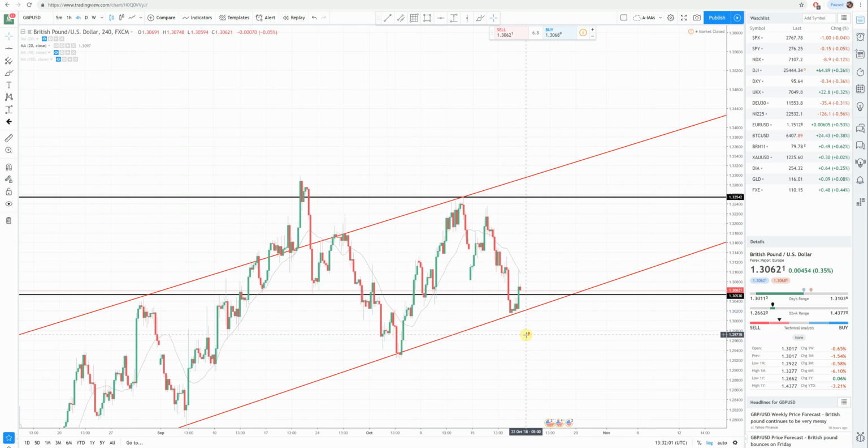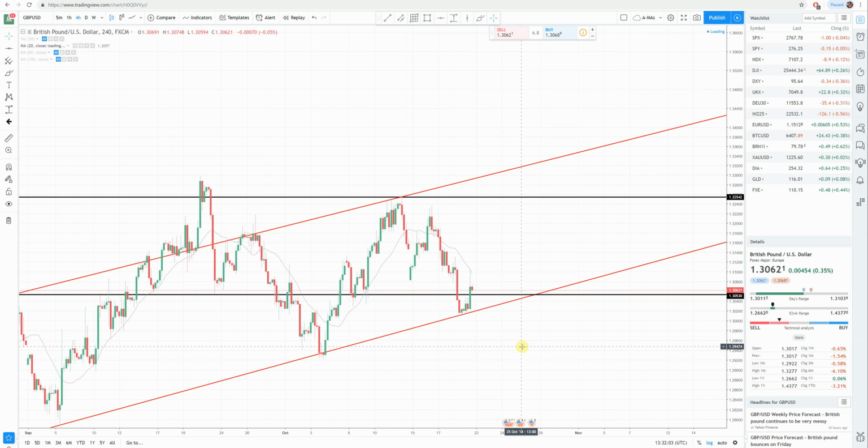What I'm waiting for these next few days is for the price to either go up and reach the upper trend line again, somewhere around here, or what may also happen is that the price may eventually breach this trend line.